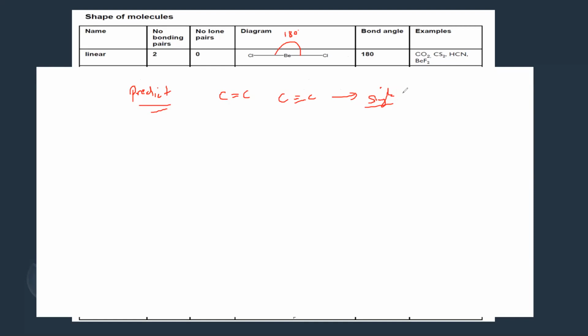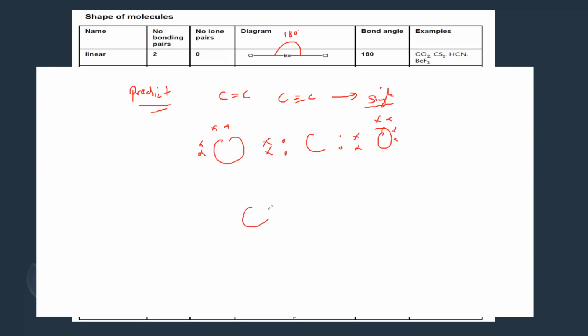So for example, if I draw the structure of carbon dioxide, carbon forms a double bond with oxygen. On oxygen there are lone pairs, but carbon has no lone pair, as it belongs to group 4.